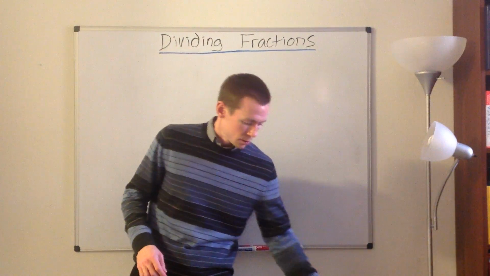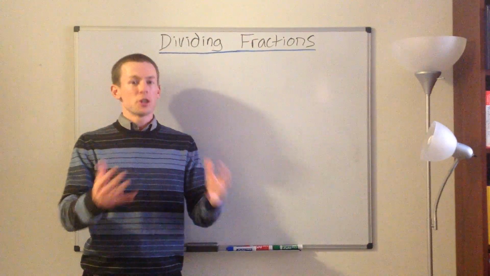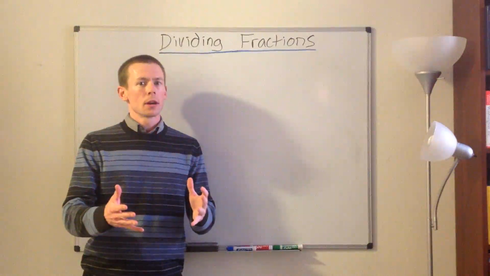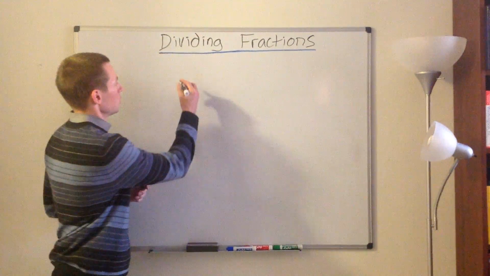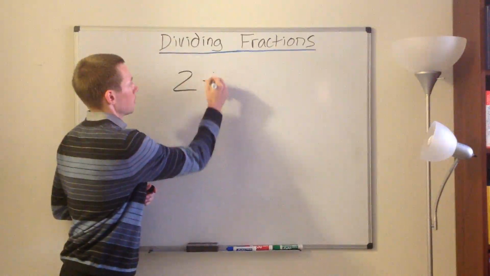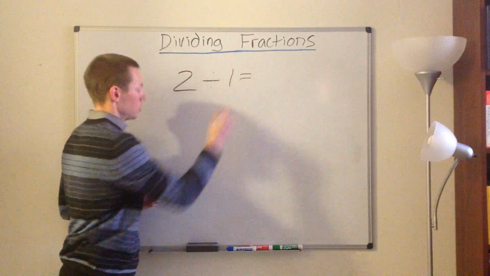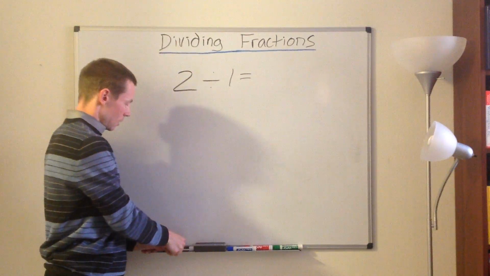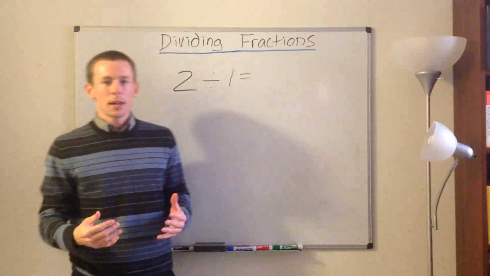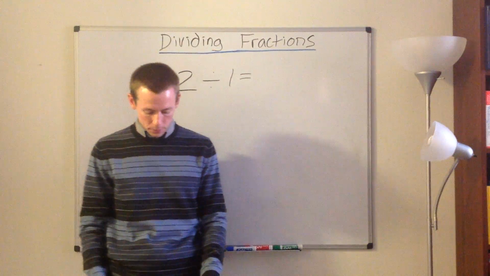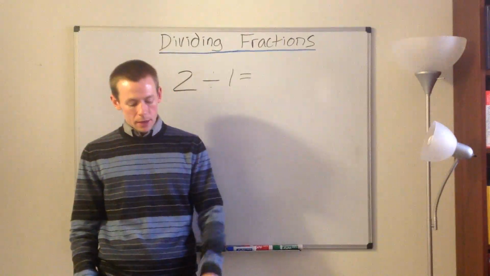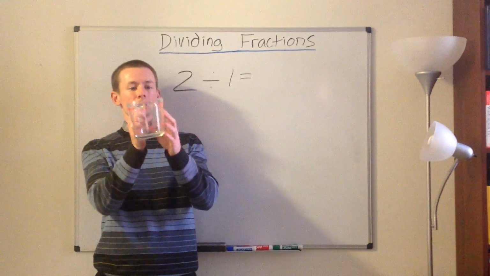Let's just do a quick review of division with whole numbers, and then we'll look at fractions. If I have something just like 2 divided by 1, what that's saying is how many times does 1 fit into 2? In other words, here is my measuring device of 2 cups.